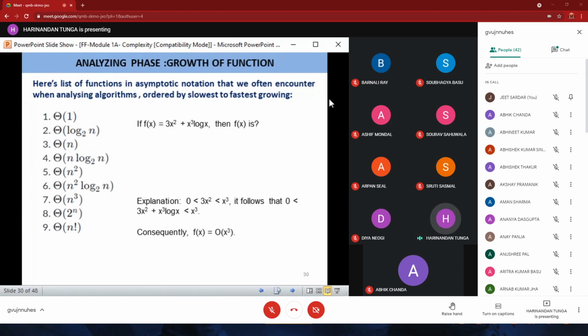The fourth is order of n log n base 2. Fifth is order of n square, quadratic, and sixth is n square log n base 2.